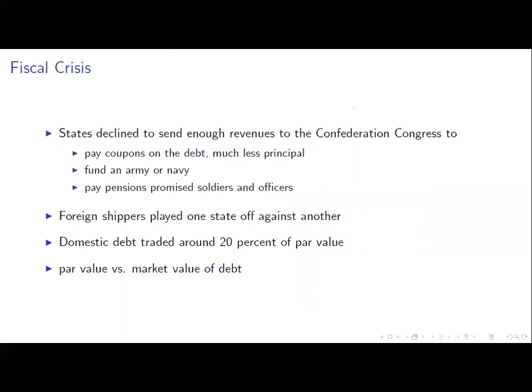Further, what's going to exacerbate this problem is that the mother lode of tax revenue is the customs revenue, and it's not too hard to realize that if you're a shipper thinking about what port to land in, you're going to ask the states, well, what's the tax rate I'm going to face?